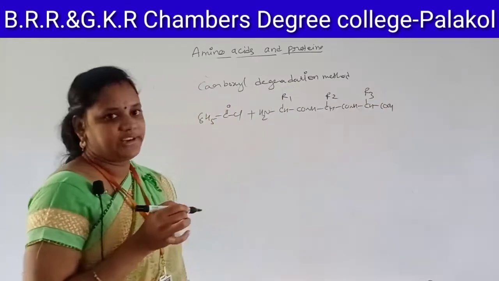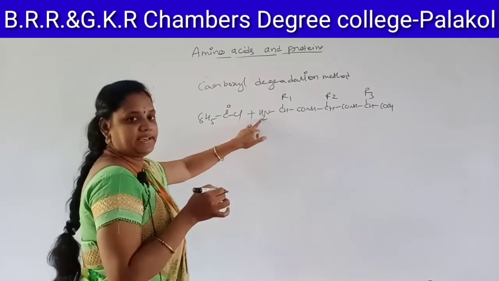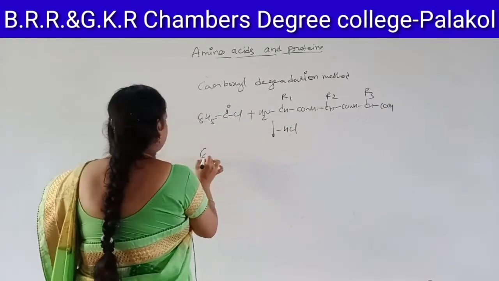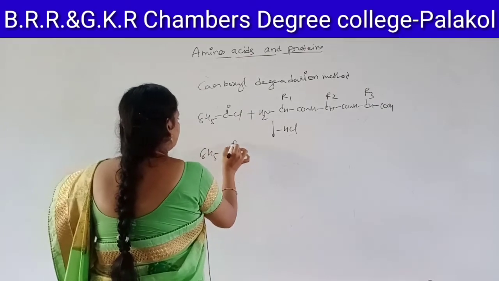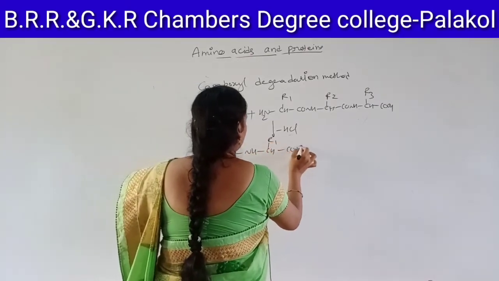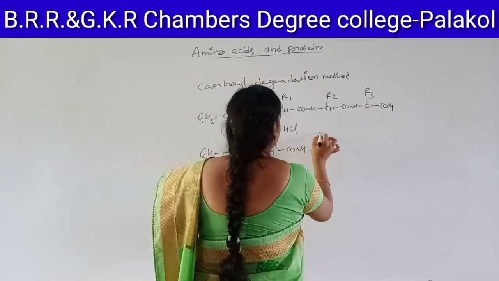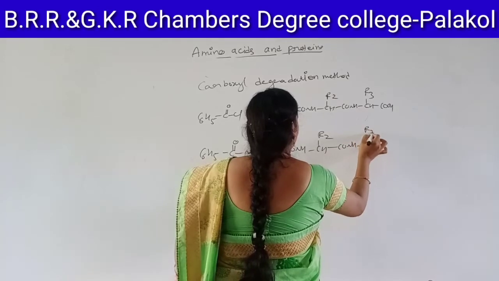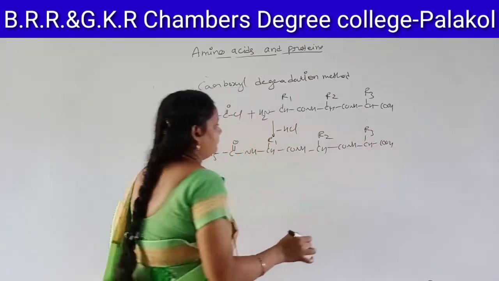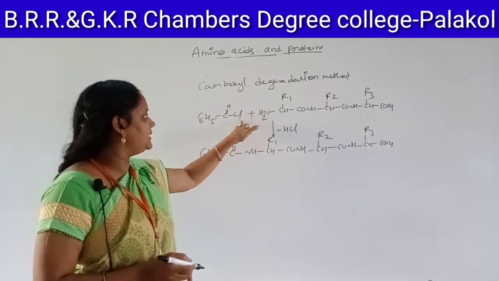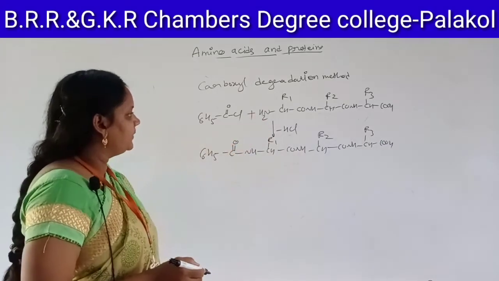Okay, students, peptide chain. What happens here? HCl is removed. So, you will get C6H5C double bond O NH CH R1 CO NH CH R2 CO NH CH R3 COOH. Just HCl is removed, H from here, Cl, and we are joining the whole thing.